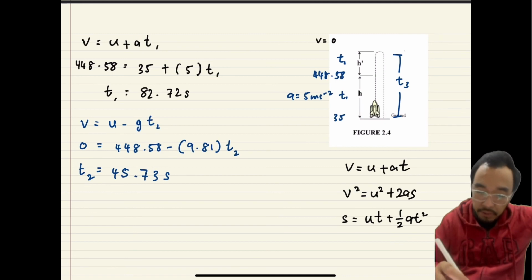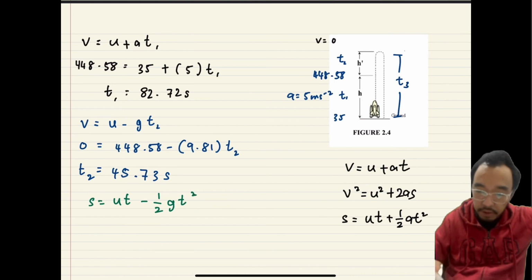Now I don't have the final velocity, but I do have the displacement, so I'm going to use that. I'm going to use s equals ut minus half gt squared.